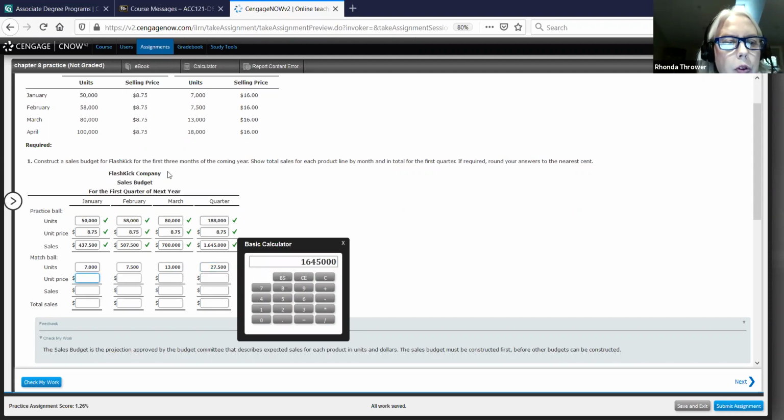And then we're going to take the price, which was $16, and enter it in. Since it's $16 for each of the 3 months, for the quarter, it's $16. And then we're going to simply multiply to find the total amount of the sales.